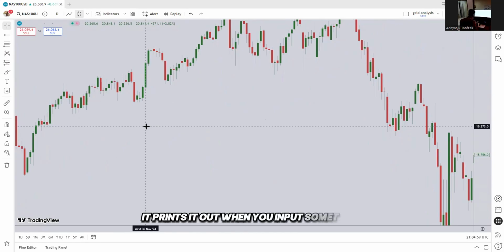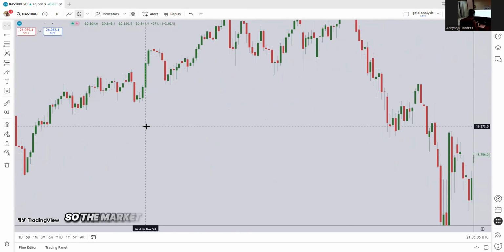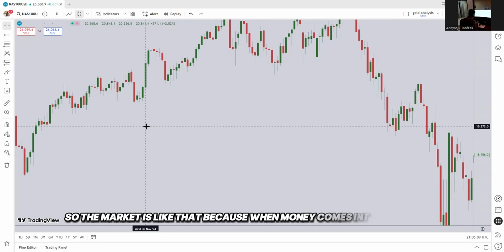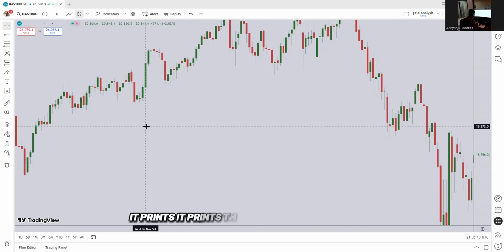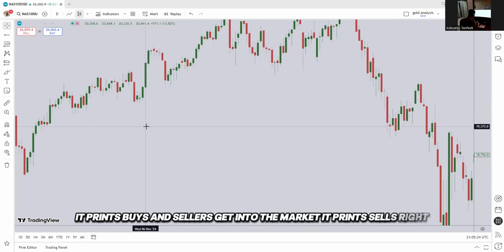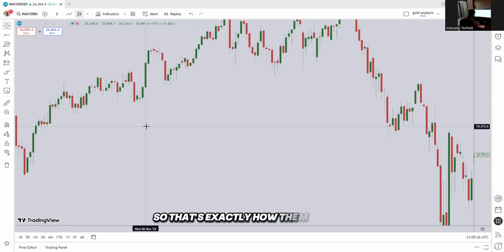So the market is like that, because when money comes into the market, it prints the direction of that money. Let's say buyers get into the market, it prints buys, and sellers get into the market, it prints sells, right? That's exactly how the market is.